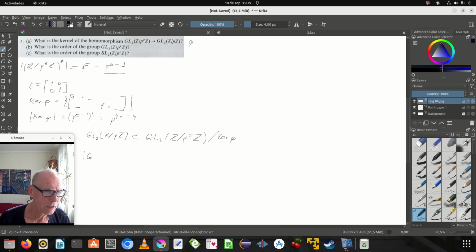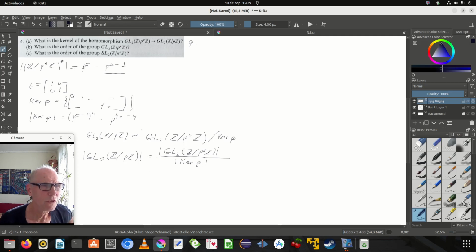And that means the number of elements equals the number of elements divided by the size of the kernel.